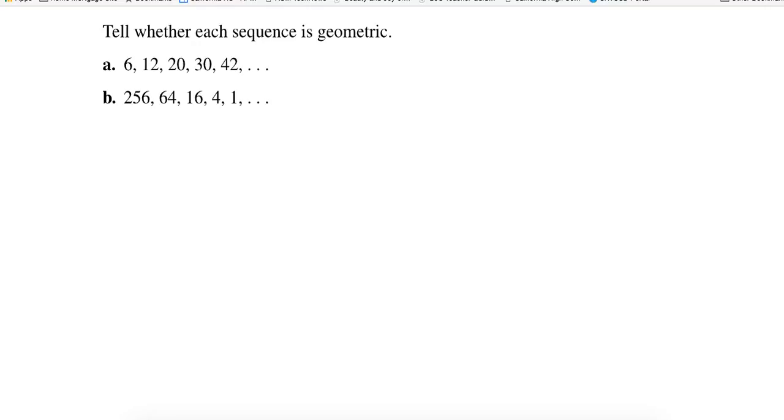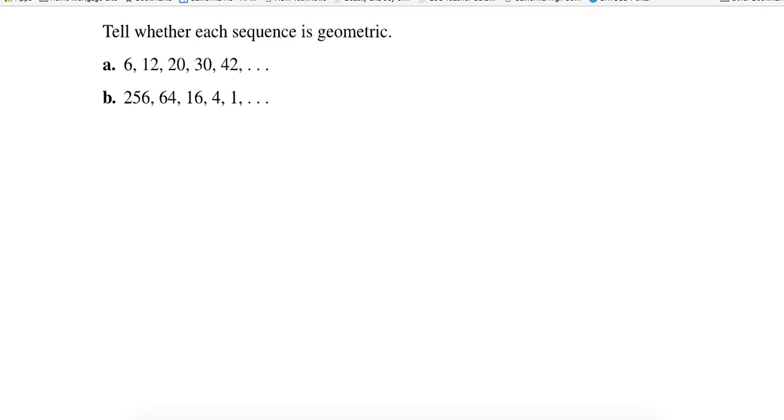Now, the basic difference between arithmetic and geometric is within arithmetic you were adding or subtracting a constant to each term to get the next. In geometric, you are multiplying each term to get the next.